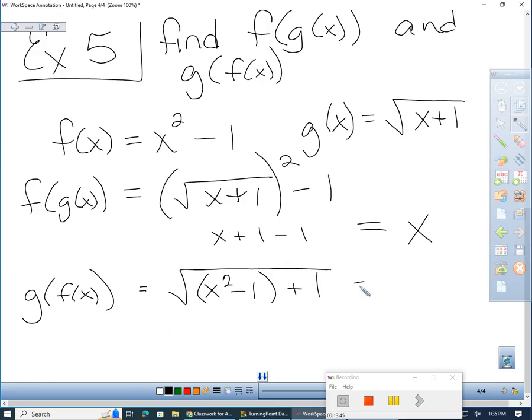All right, so to simplify this, underneath the square root, I have x squared minus 1 plus 1. What is going to cancel each other? Well, you can't cancel the square root yet. Negative 1 plus 1 will cancel, right? And then I have the square root of x squared, which equals x. Absolutely.